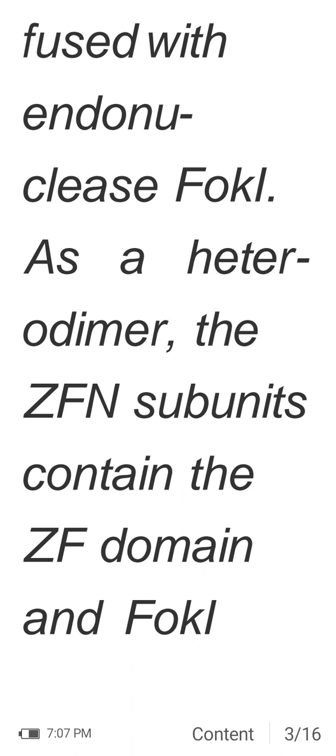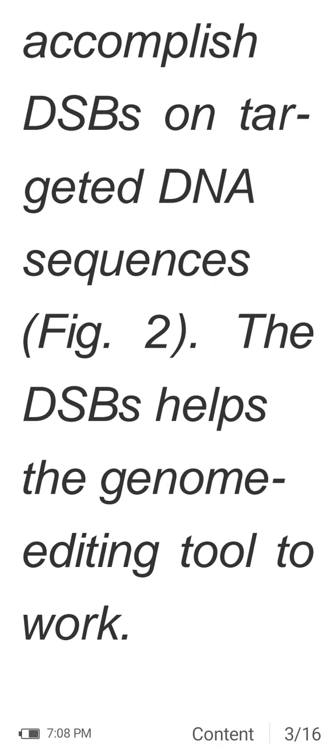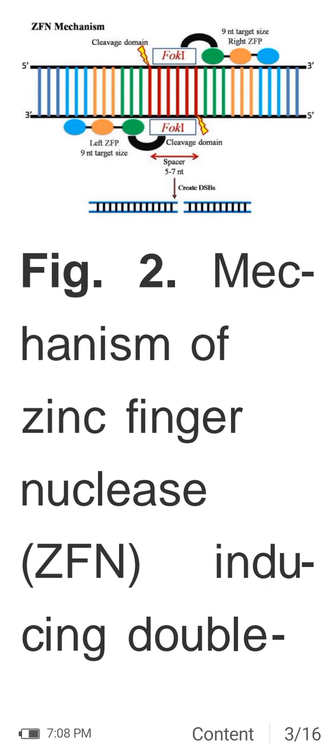As a heterodimer, the ZFN subunits contain the ZF domain and the FokI restriction nuclease domain, with natural cleaving activity. The FokI domains dimerize for DNA cleavage and accomplish DSBs on targeted DNA sequences. The DSBs help the genome editing tool to work.